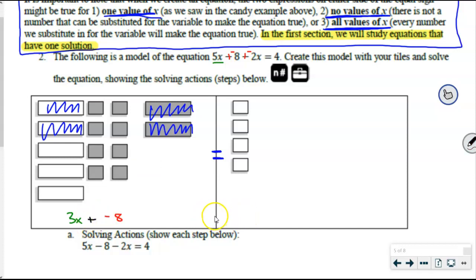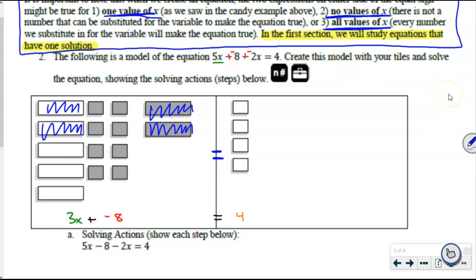Exactly, which are equal to these 4 positive unit tiles over here. Yep. But all we did, Chandon, is we just looked at just the left-hand side. We just simplified on the left-hand side, and now we can acknowledge that now it's an equation that we can solve. But the first step before we even try solving is we have to simplify.